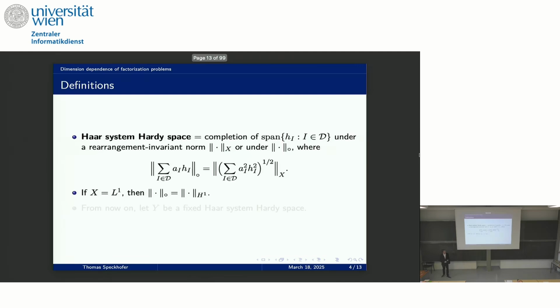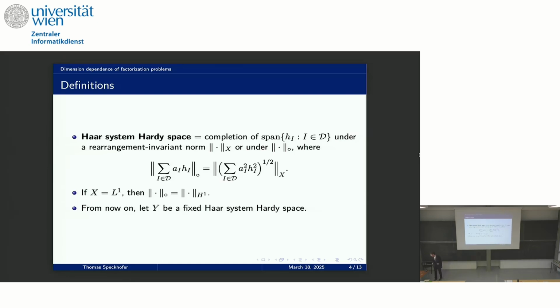For example, if X is L1, then this would be the H1 norm. So you get the dyadic Hardy space H1. And from now on, by the letter Y, I will denote some fixed H-system Hardy space. So, for example, a rearrangement invariant space or one of these associated square function versions.